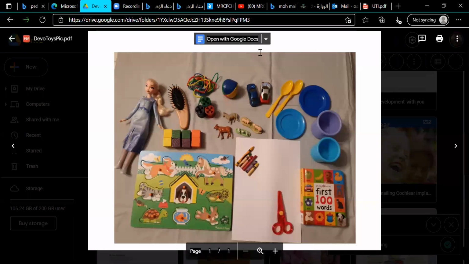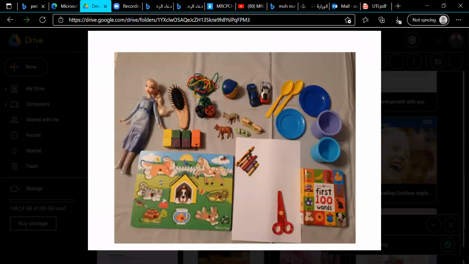Okay. So before starting the session, you have to select appropriate toys. This picture is from the website, yes.